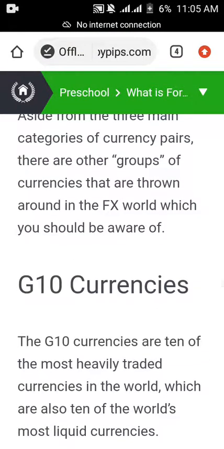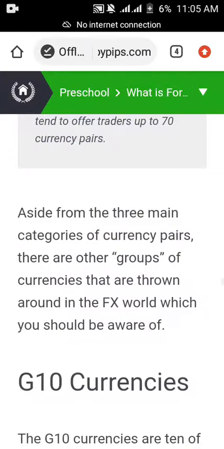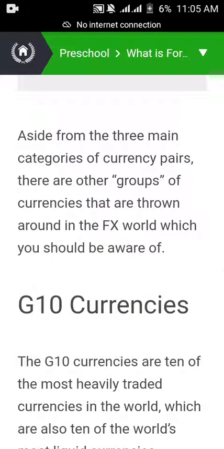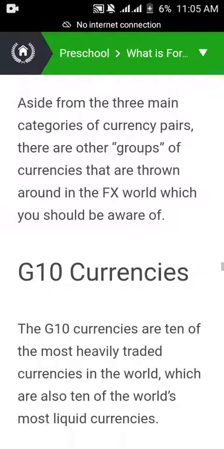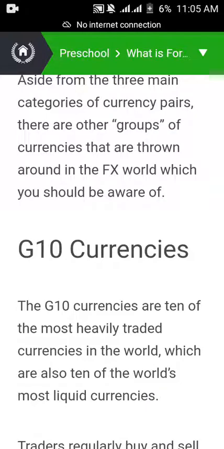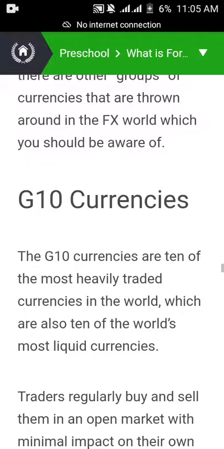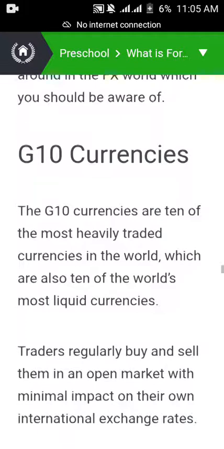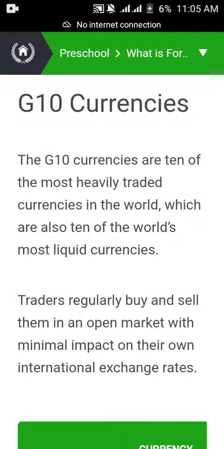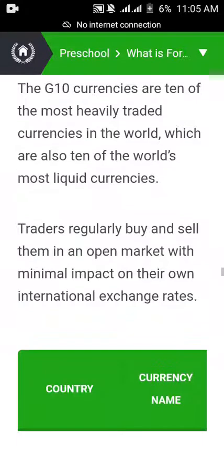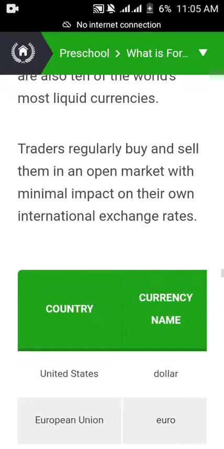We have the G10 currencies. Aside from the three main categories of currency pairs, there are other groups of currency that are thrown around in the forex world, which you should be aware of. The G10 currencies are 10 of the most heavily traded currencies in the world, which are also 10 of the world's most liquid currencies.